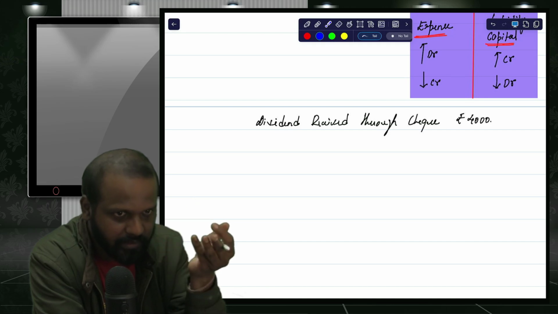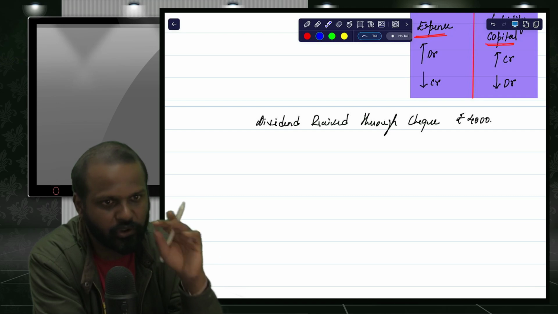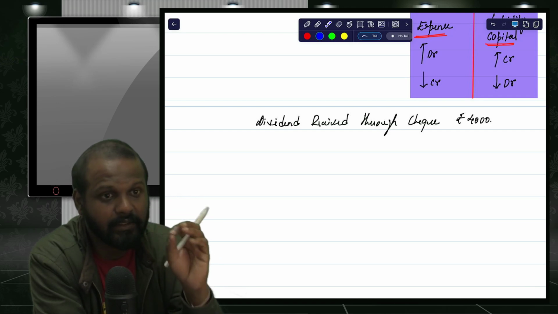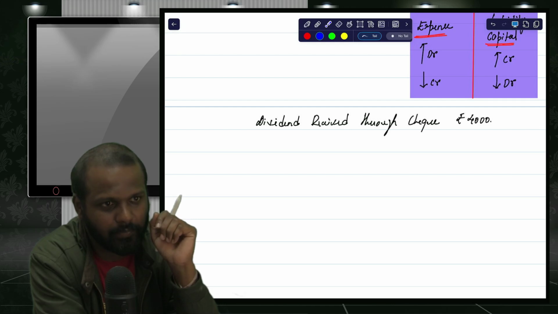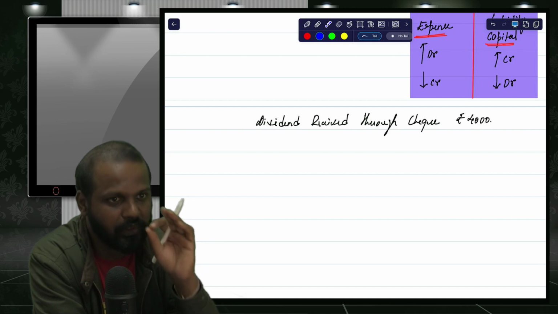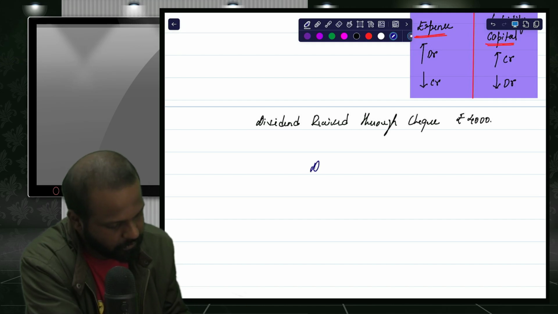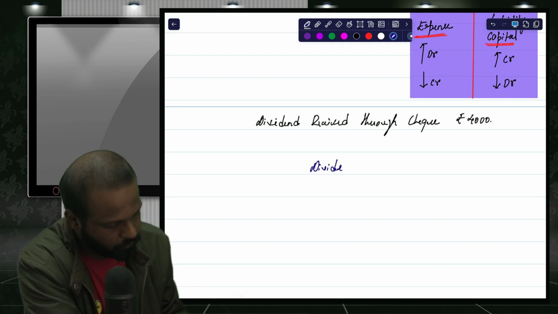So we have invested in shares of some company, we have received the dividend, we have received money, 4,000 rupees through check. Dividend received is an income. As I mentioned, whenever you receive any kind of income, first you create the income account. Dividend received is an income.